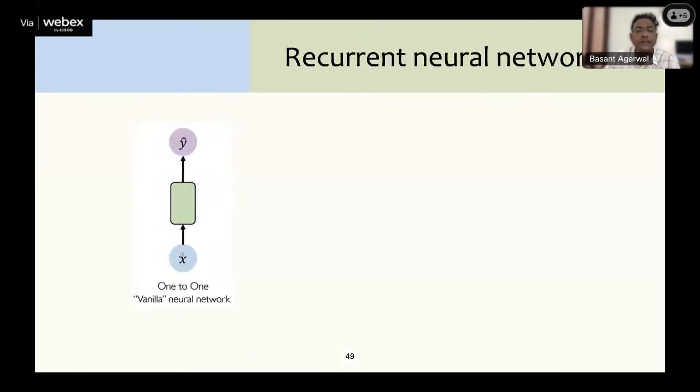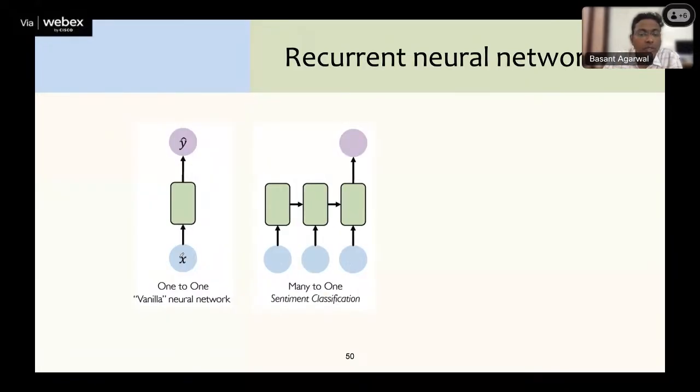Okay, so that is about the internals of a recurrent neural network, how it is built, and how it processes the information. And now we'll see different possible architectures. Some of them we have already seen, but we are just discussing them once again: what are the different possible architectures of a recurrent neural network.